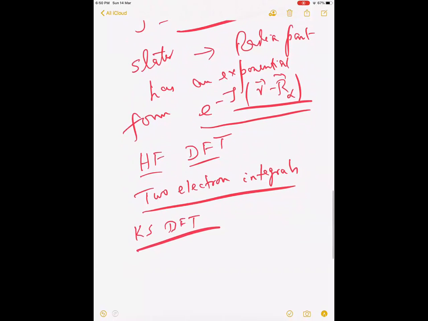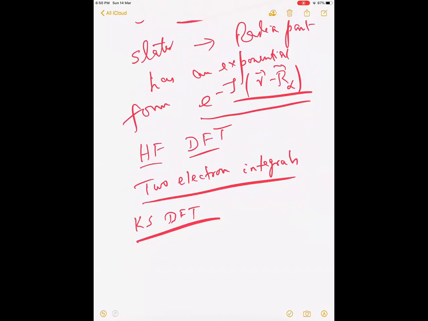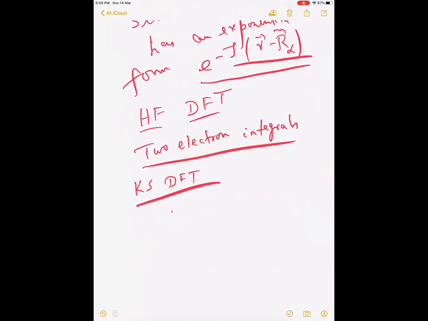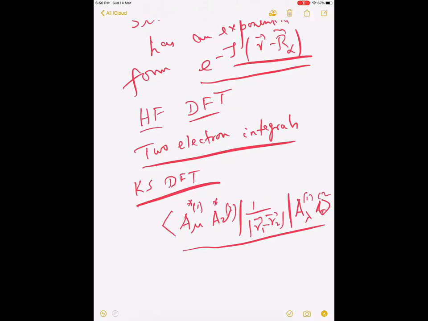So when I write this in terms of the orbitals, I encounter what are called two electron integrals, which in terms of basis look like this. An atomic orbital a nu, 1 by modulus R1 minus R2, a lambda, a sigma. So these are the two electron integrals, where the electron coordinate here, let's say 1, comes with a complex conjugate, and coordinate 2 with a complex conjugate, and then the Dirac notation suggests that you integrate over dr1, dr2. These are called the complete two electron integrals.